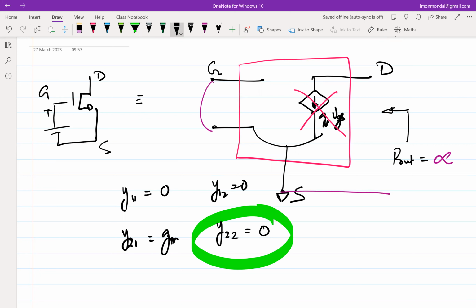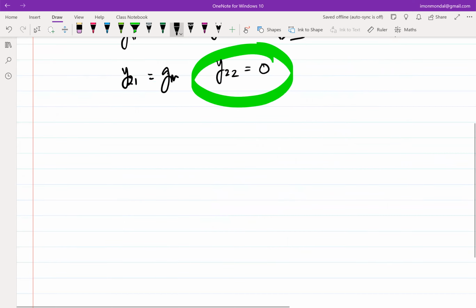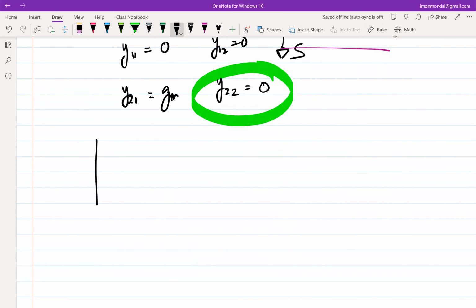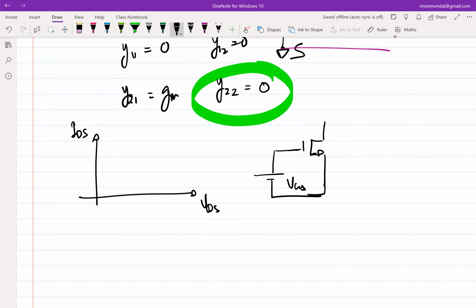But as we saw, Y22 equal to 0 means what in terms of IDS VDS characteristics? In terms of circuit picture, I am keeping my VGS the same, I'm applying a VDS, and I'm observing this current IDS.